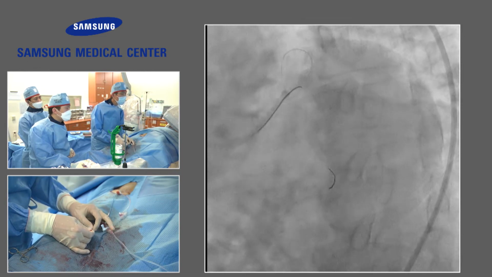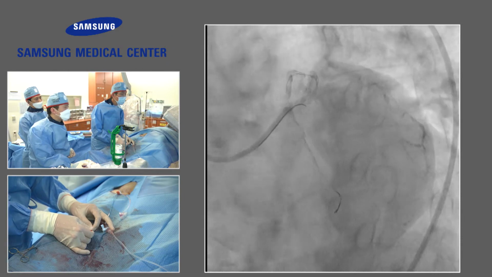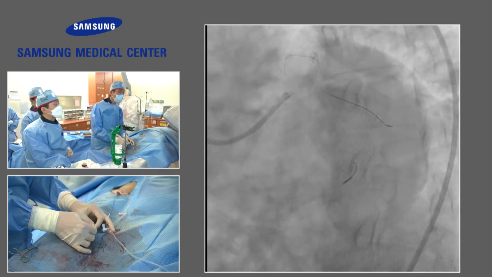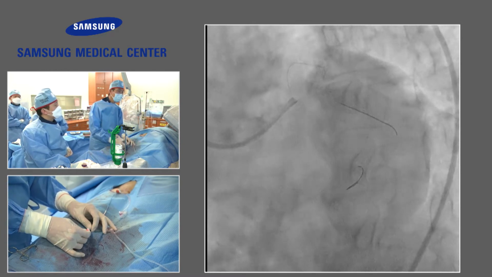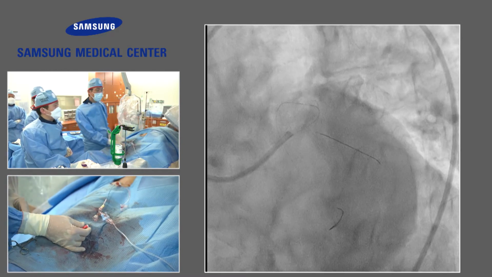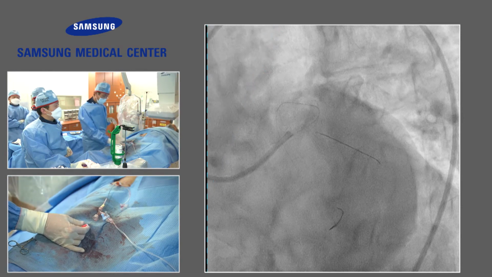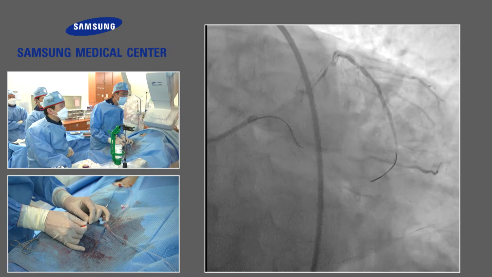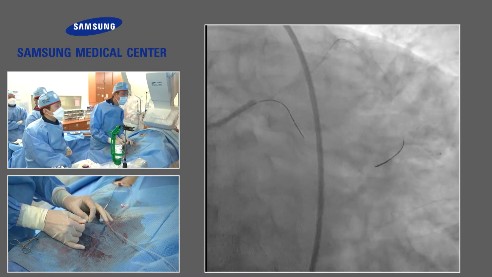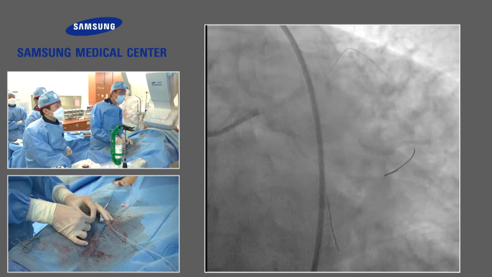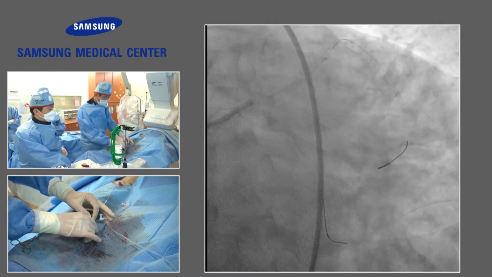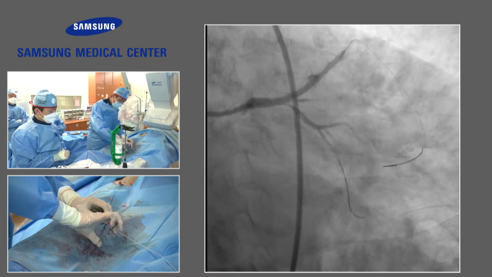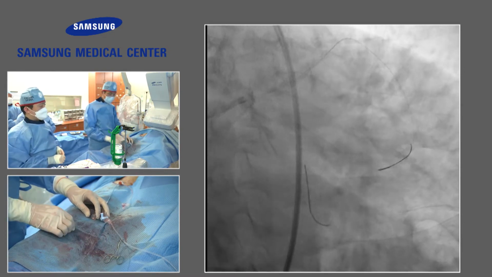This is not a problem of expert or beginner, because flow is compromised either way, in the expert's hand or beginner's hand. That's one of the reasons why he recrossed the circumflex with a wire. That's the issue of decision-making, not the expert versus beginner issue.